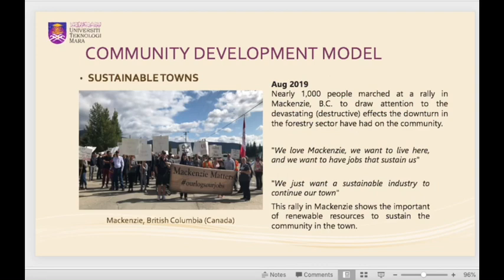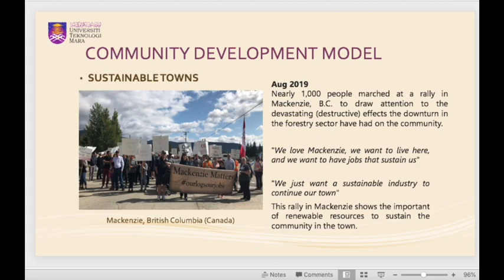Okay, this is Mackenzie, British Columbia, Canada. Yeah? So in August 2019, nearly 1,000 people marched at a rally in Mackenzie, BC to draw attention to the devastating effects the downturn in the forestry sector has had on the community.